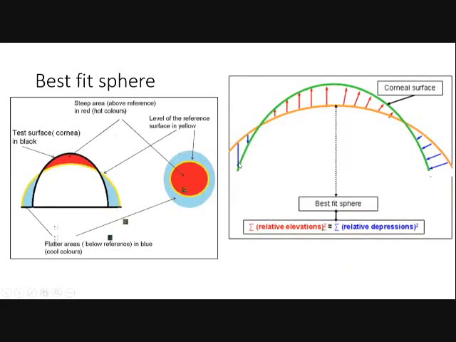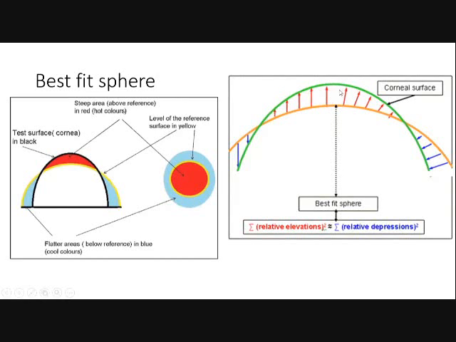For example, this green line is the cornea. If we want to describe the height of all the points, then we draw a best fit sphere. This orange line is a sphere which is called the best fit sphere. And then we describe each point of the cornea in relation to this best fit sphere.